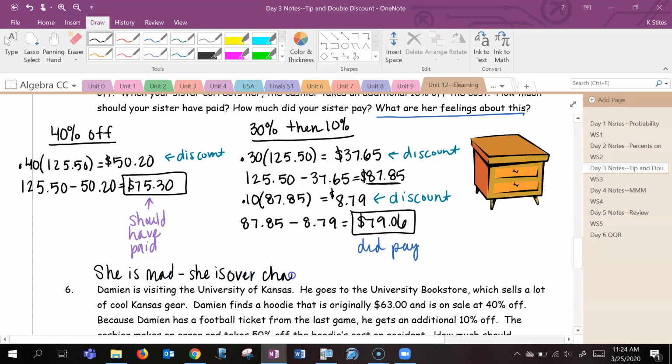She's overcharged. Now, here's the thing. There are a lot of people that don't know that these are two different situations. I actually had a situation where I went to a store, and there was a shirt that was 30% off or something like that, and I told them I had a teacher discount of 10% off as well.